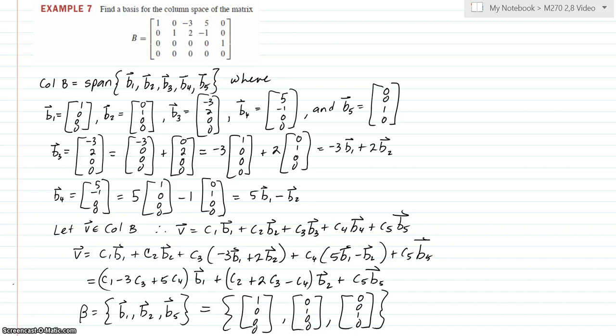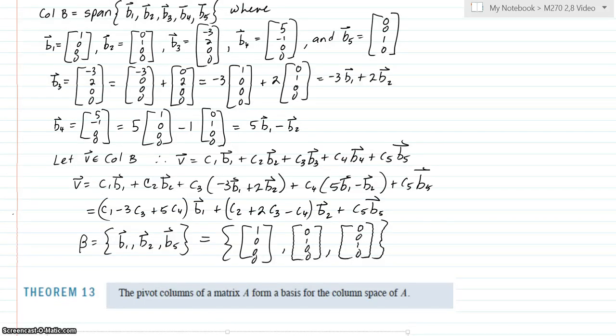There's the theorem, Theorem 13 in the book, that states that the pivot columns of a matrix A form a basis of the column space of A. And you can see why here.